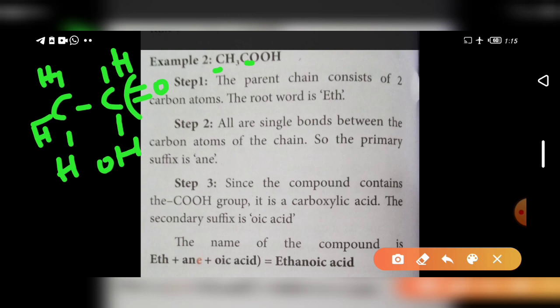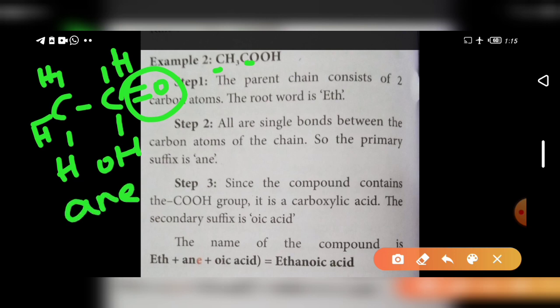You don't bother about the double bond O because it is not a carbon atom. The carbon has only single bonds. So the primary suffix is ane.